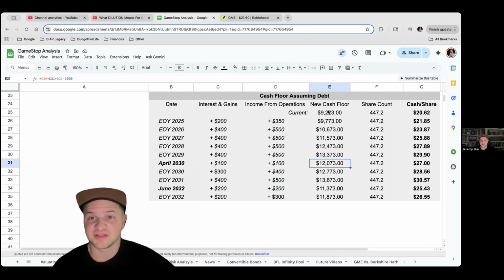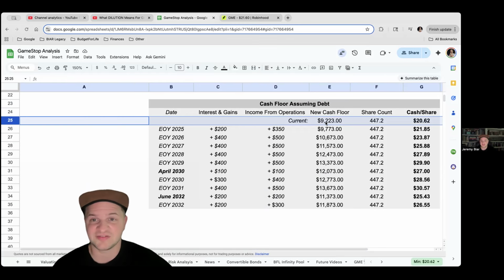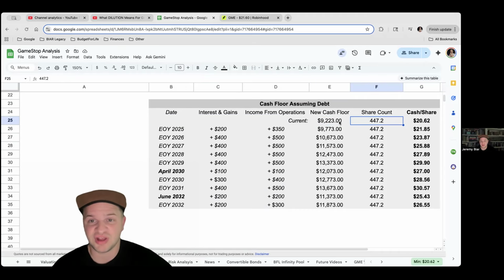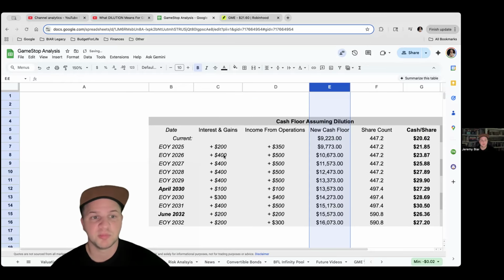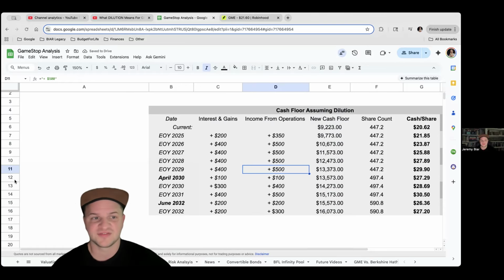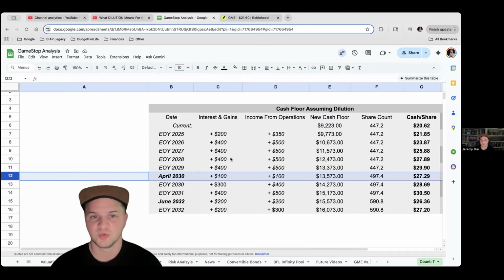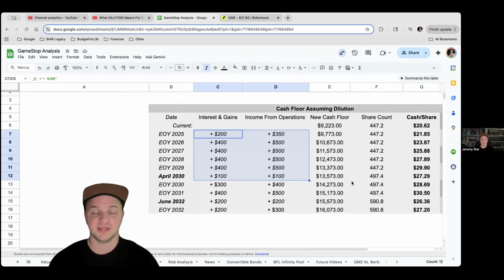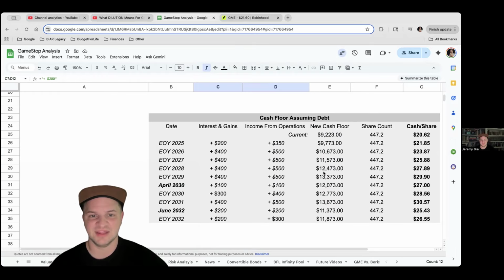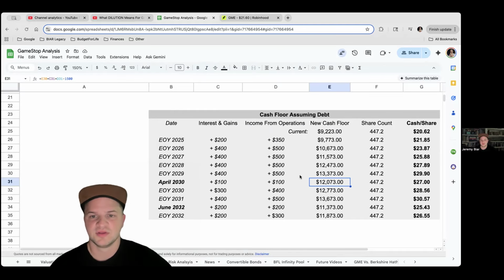So that's why I reflect their cash floor by the actual cash they have and the actual shares that they have. And then if you want to pull forward this dilution or this debt payoff, well, then you also pull forward the income and the interest that happens in that interim, right?